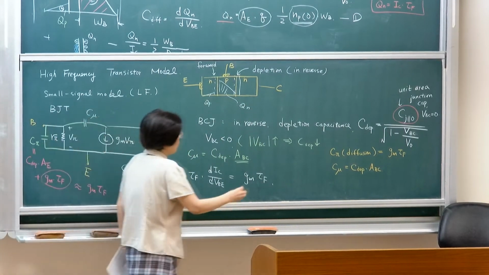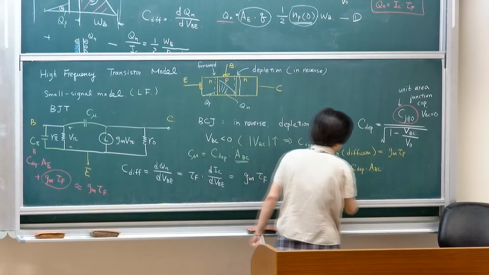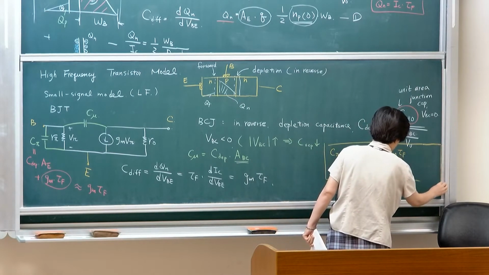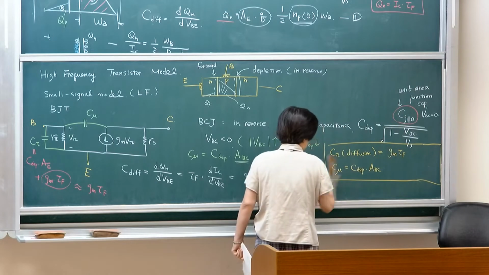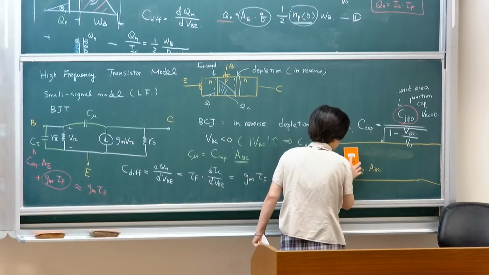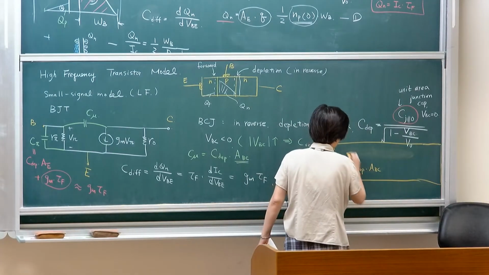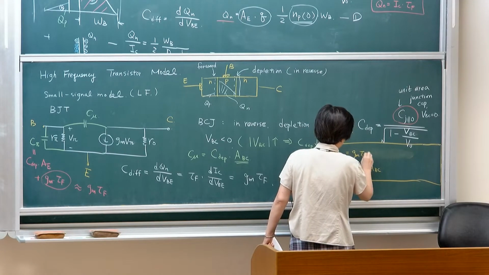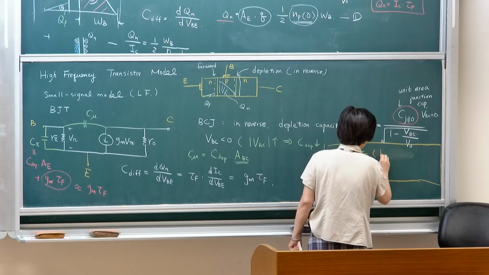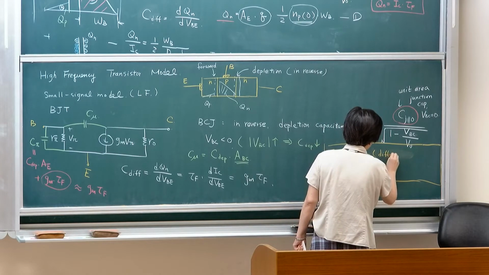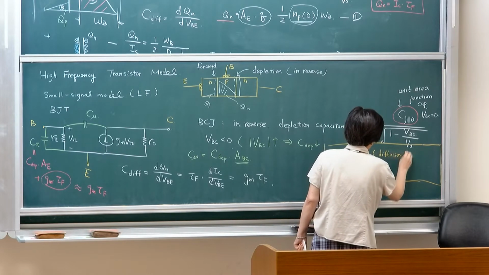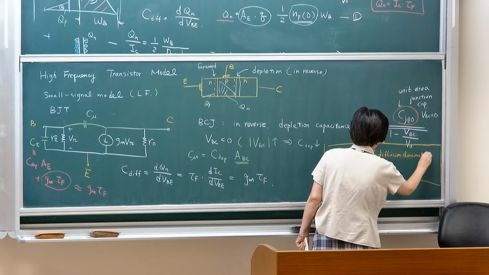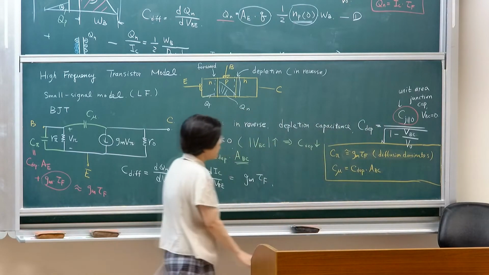Okay? So these are the two capacitors being added. This is assuming diffusion dominates.